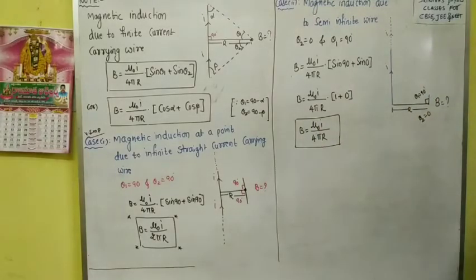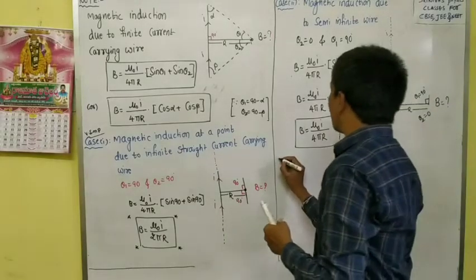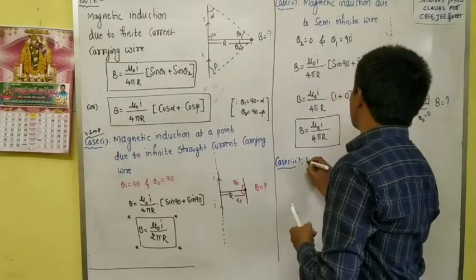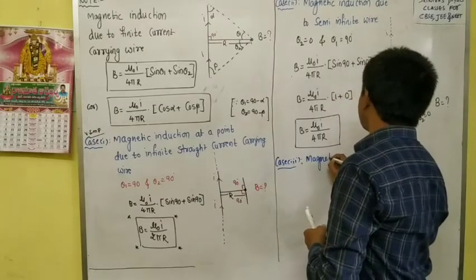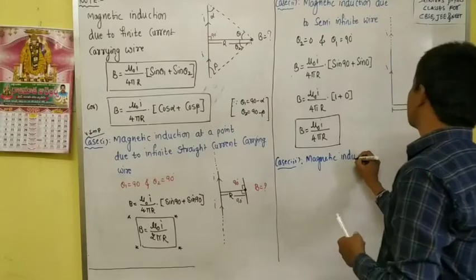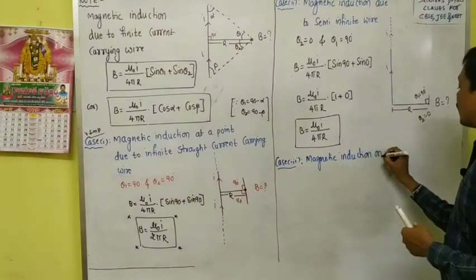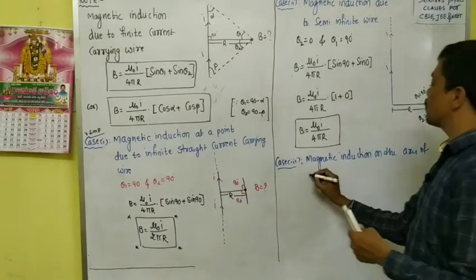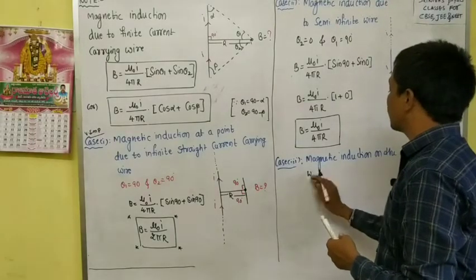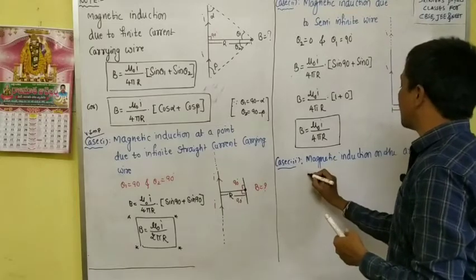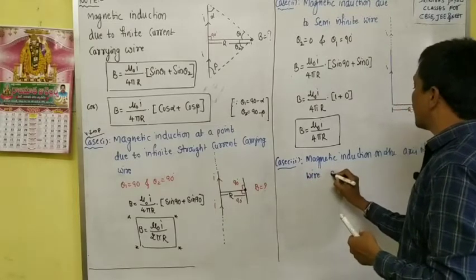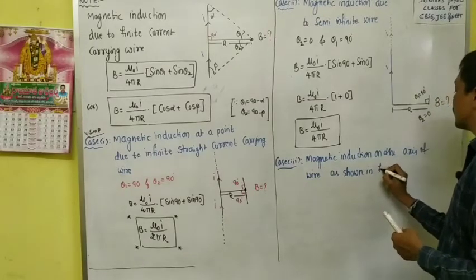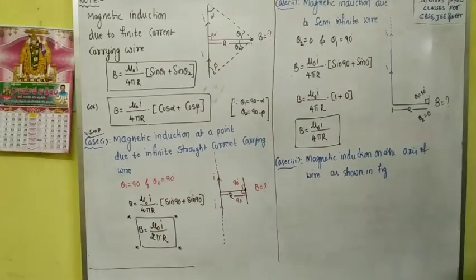And one more, that is magnetic induction on the axis of a finite wire. Case 3 we will take: magnetic induction on the axis of a wire, as shown in the figure.